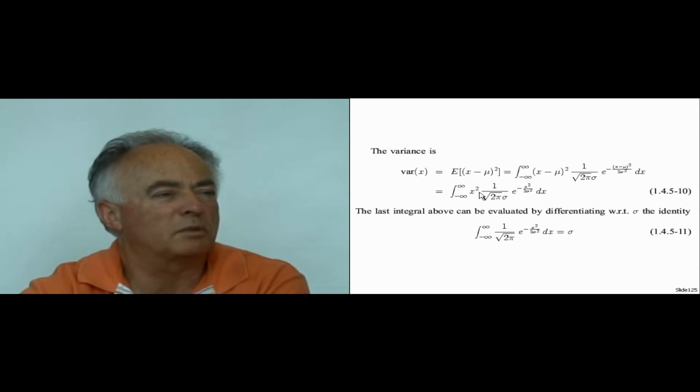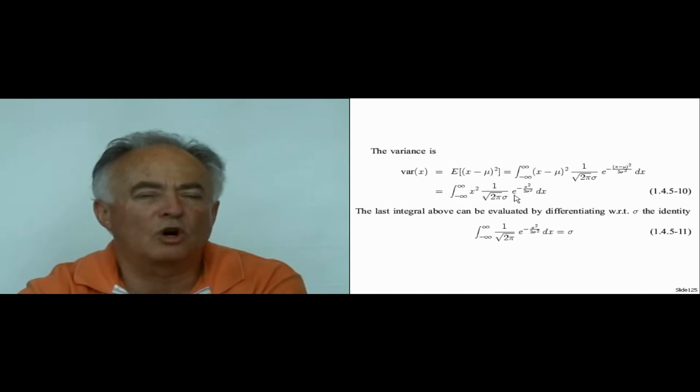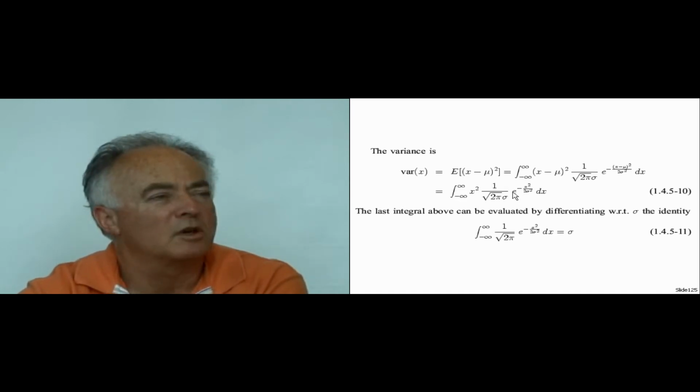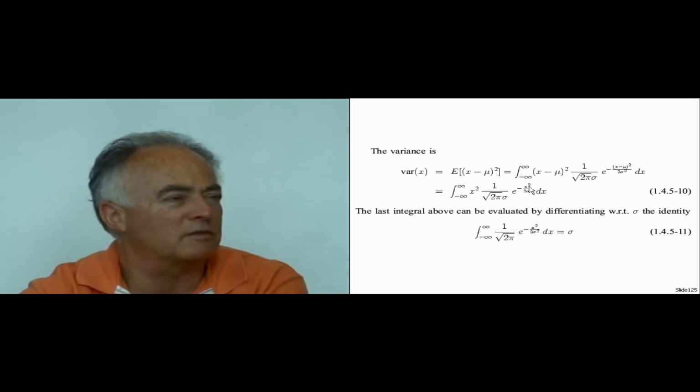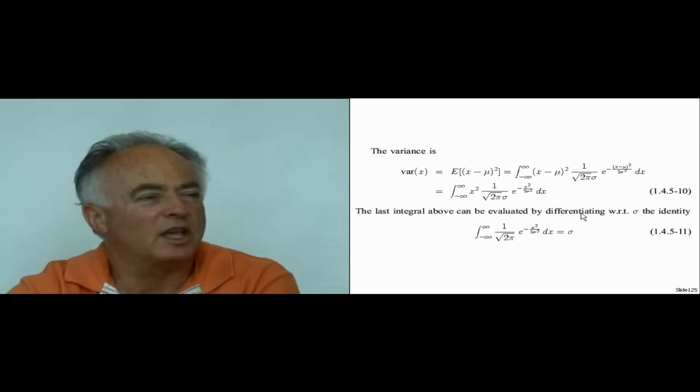So this is the expression of the variance. However, we cannot solve this integral directly, because it is an e to the minus x squared, and that does not have an antiderivative.